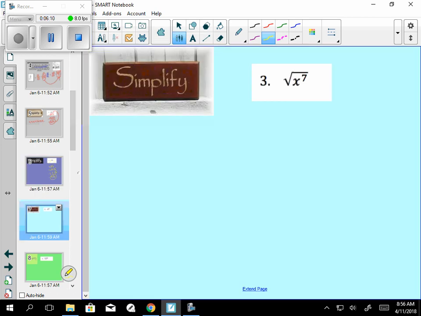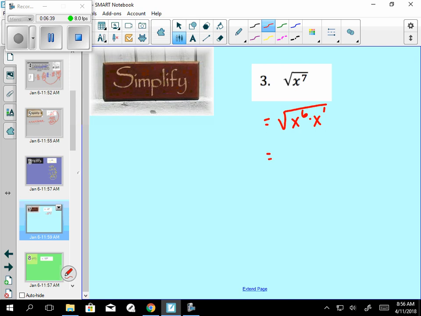We also want you to be able to do this if there's variables. Okay, so in this case we got x to the 7th power underneath the square root. Again, we want to split that up. So here, we can take the square root and simplify if that power's even. However, here it's an odd number. So what we'll do is we'll just say this is the same as x to the 6th times x to the 1st power. Okay, we still got 7 x's underneath that radical.